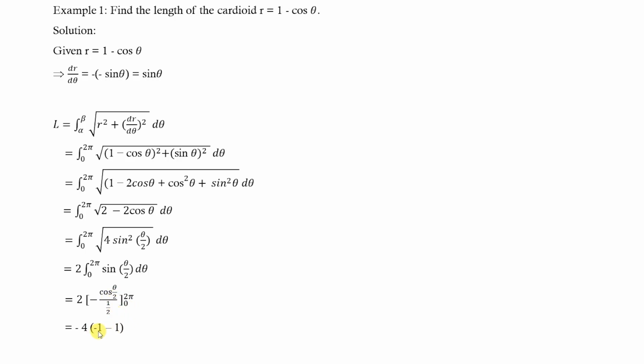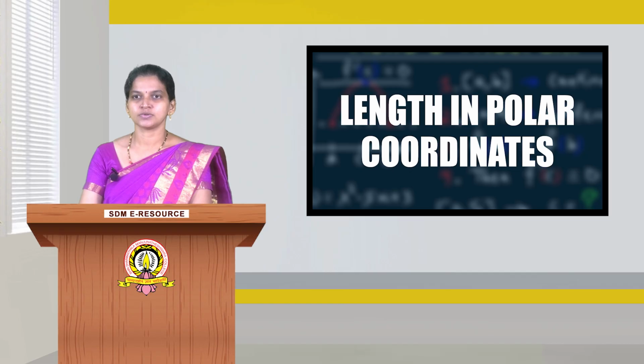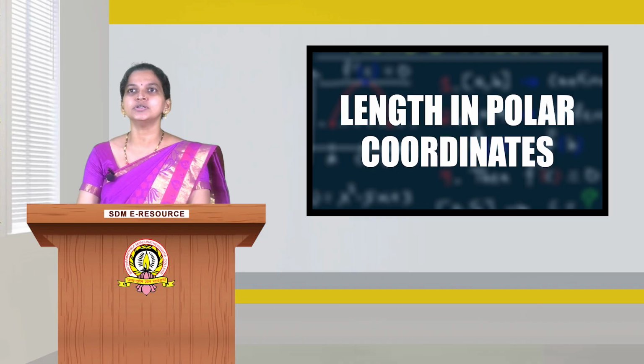So minus 1 minus 1 is minus 2, and minus 4 into minus 2 becomes 8. This is the length of the cardioid, so the required length of the given cardioid is 8 units.